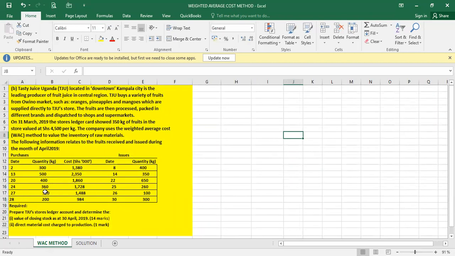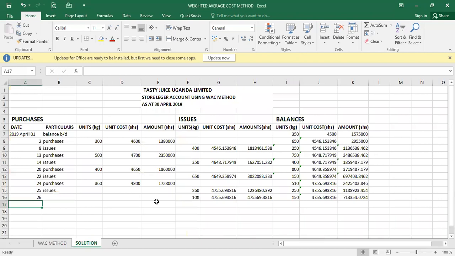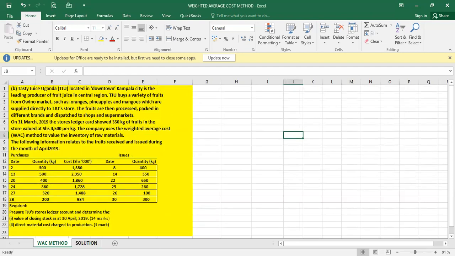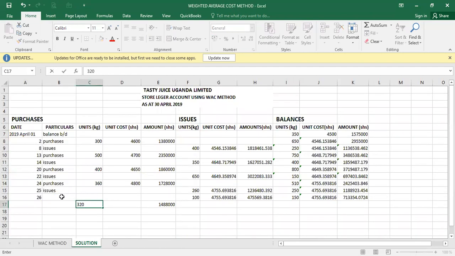The next transaction took place on 27th. We bought 320 units at 1,488,000. These are 320 units, and these are purchases.